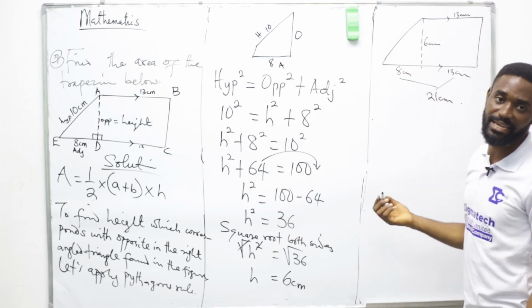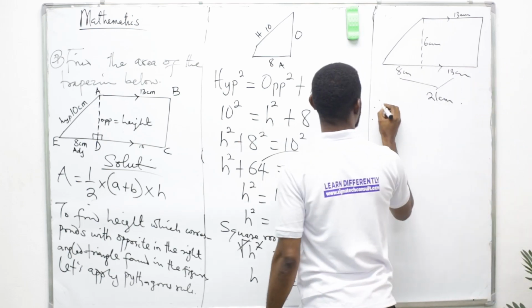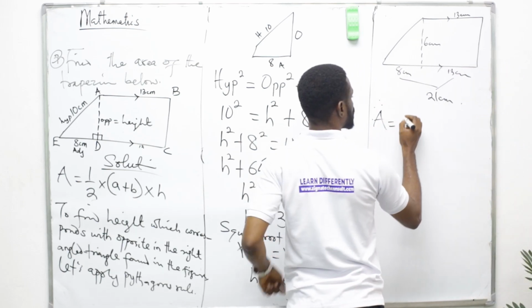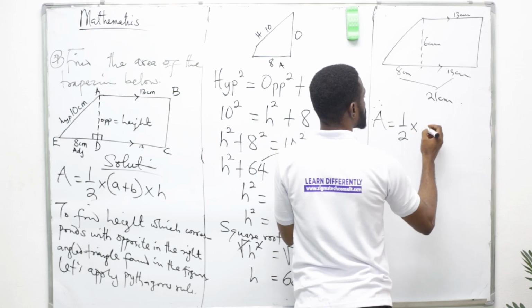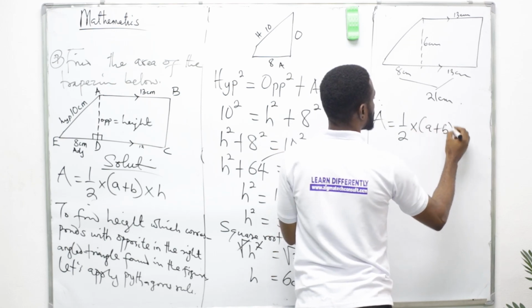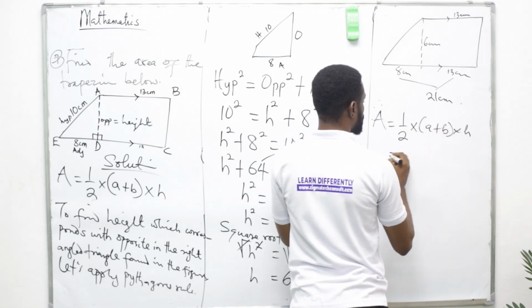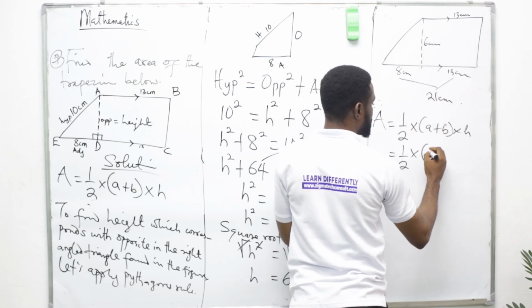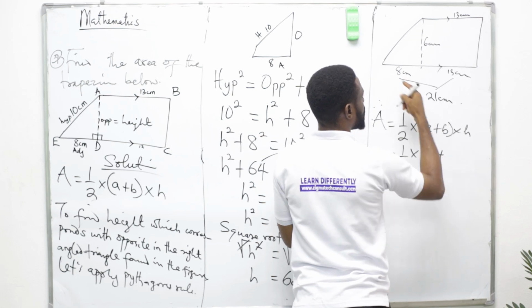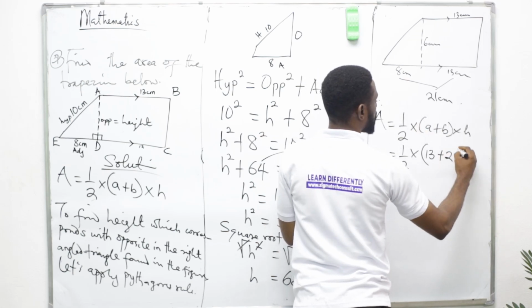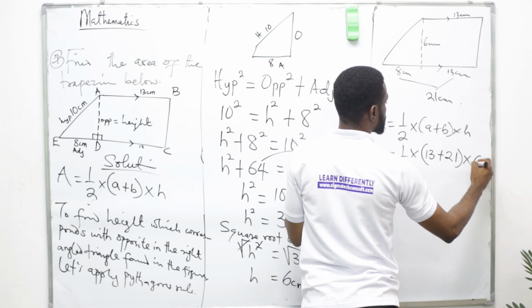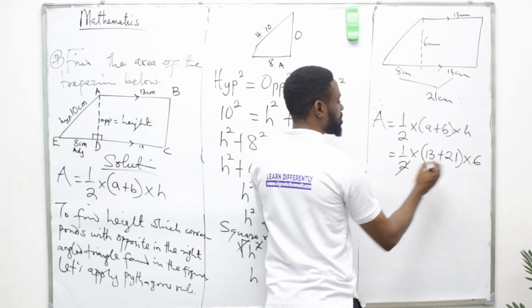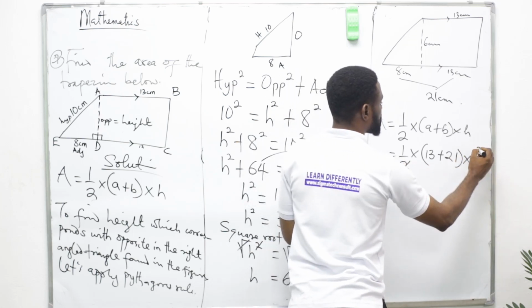So we can now apply the area. Therefore, area is equal to half times a plus b times height. So this is 1 over 2 times a, which is 13 cm, plus b, which is 21, times height, which is 6. You get that? So this, remove this, is 3 here.